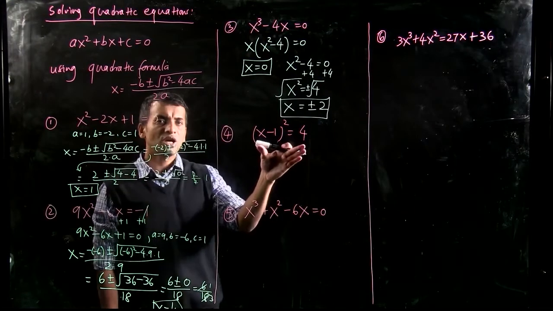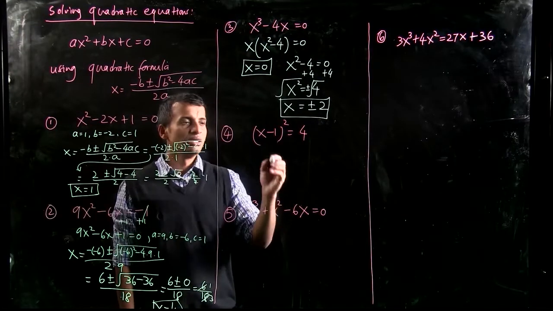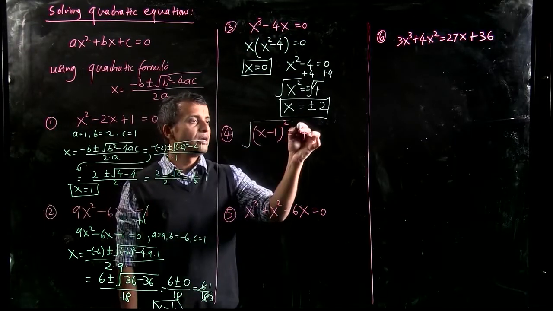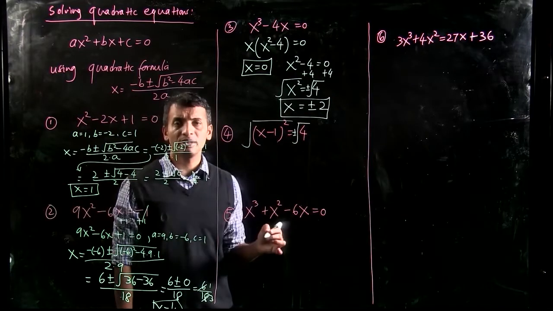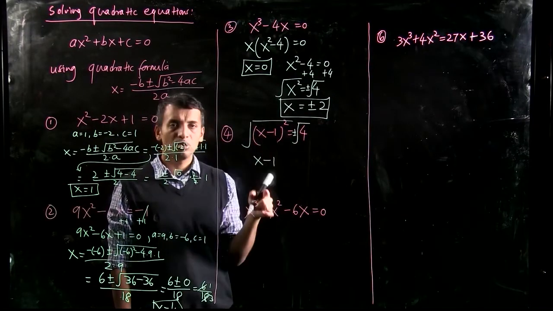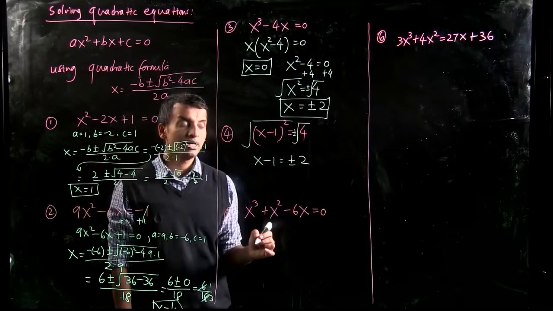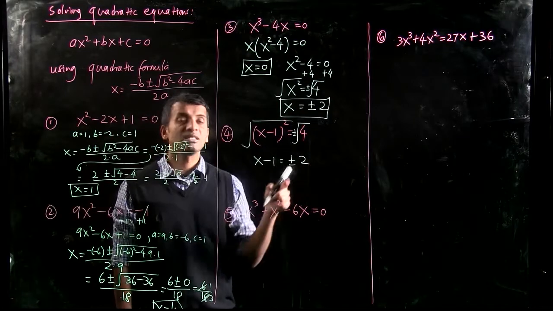Next example, you want to solve this again. This is straightforward. You can take the square root on both sides, and don't forget to consider both plus and minus. You will get x minus 1, because square root and square cancel, equals plus or minus the square root of 4, which is 2. Now you need to take the plus sign and the minus sign.